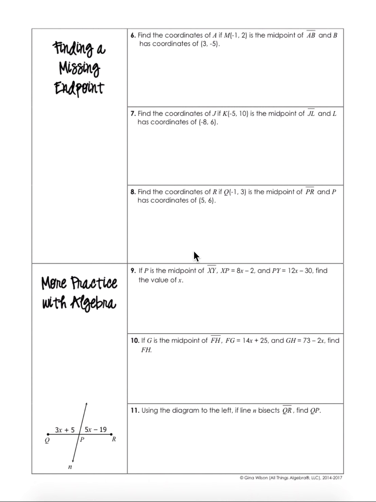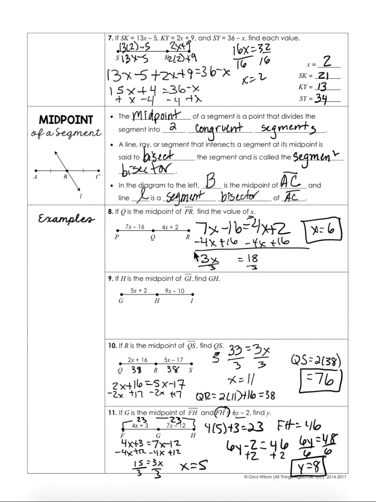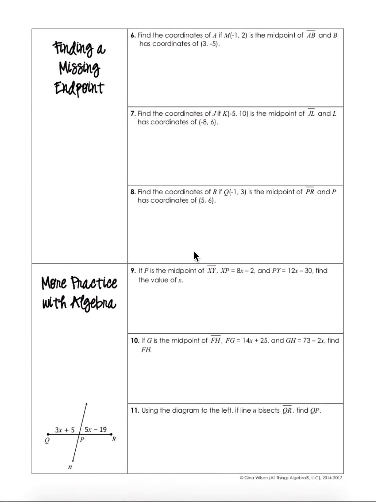Okay, so numbers 6, 7, and 8 are a little bit different. Here, I'm given the midpoint and one endpoint, but I have a missing endpoint.